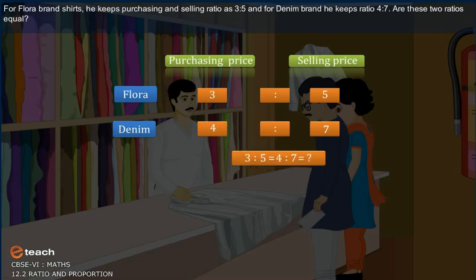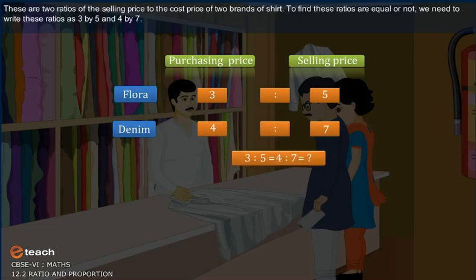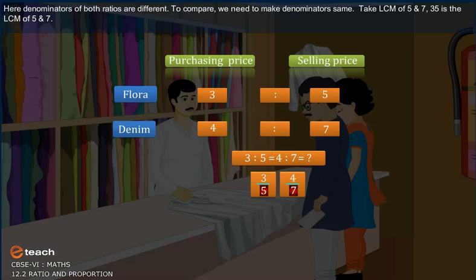Are these two ratios equal? These are two ratios of selling price to the cost price of 2 brands of shirts. To find whether these ratios are equal or not, we need to write these ratios as 3 by 5 and 4 by 7. Here the denominators of both ratios are different.